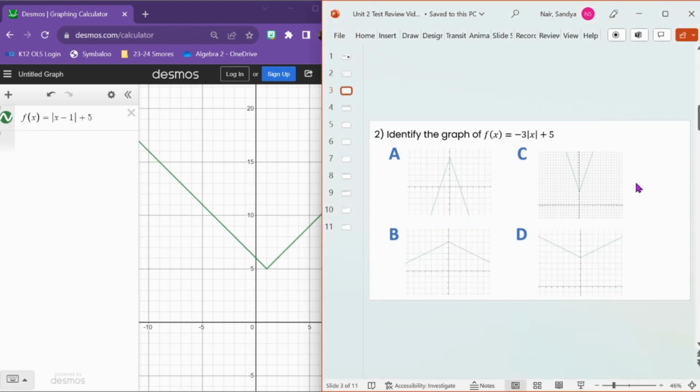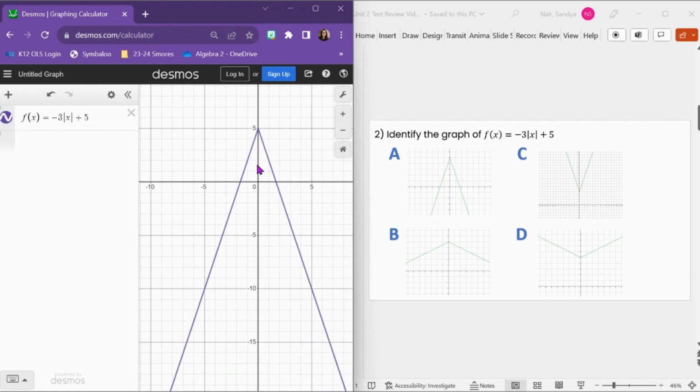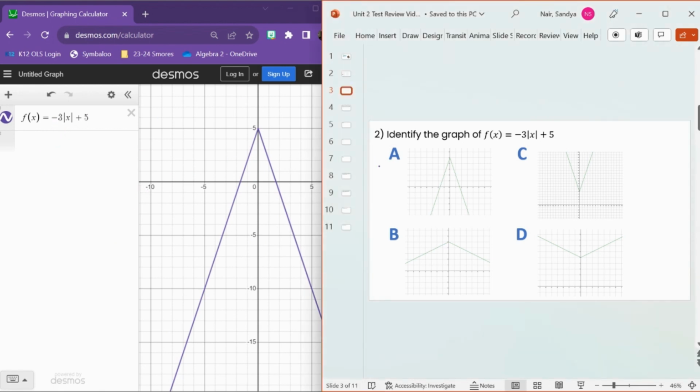Let's try number 2. So number 2, it says identify the graph of negative 3 absolute value of x plus 5. So we have f of x equals negative 3 absolute value of x and then plus 5. Okay, so the first thing we notice here is that this graph opens down, and that makes sense because we have that negative in front. So I'm going to go ahead and eliminate any answer choice that has the graph opening up because we automatically know that's not going to work.